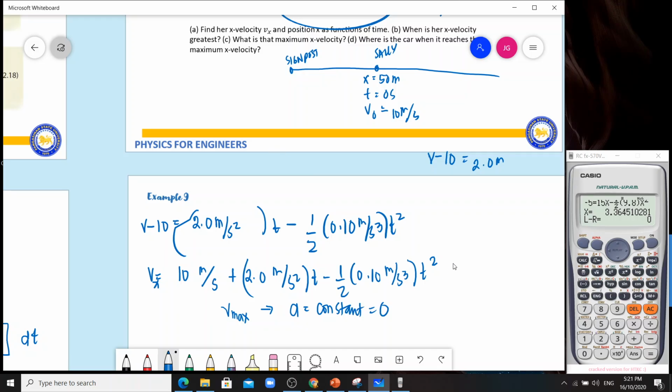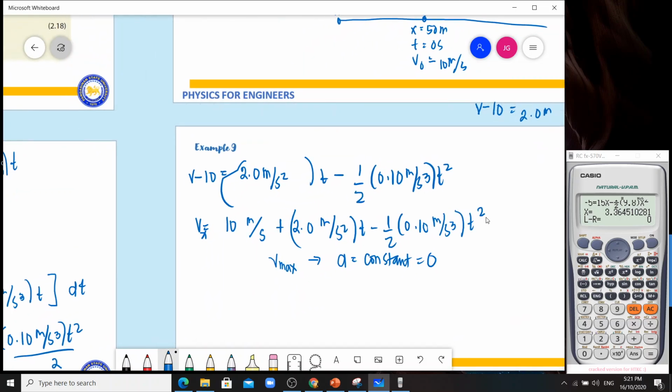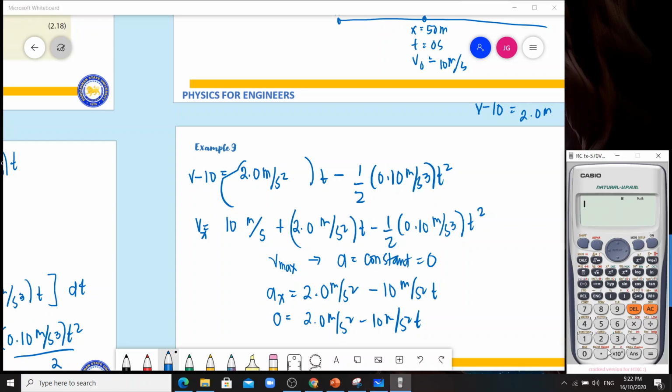So, kung ang formula ng acceleration natin is ax is equals to 2.0 meter per second squared minus 10 meter per second squared t. Okay? So, kung 0 na ang acceleration, which is na-reach na natin ang Vmax, 2.0 meter per second squared minus 10 meter per second squared t, hanapin natin yung time na yon.